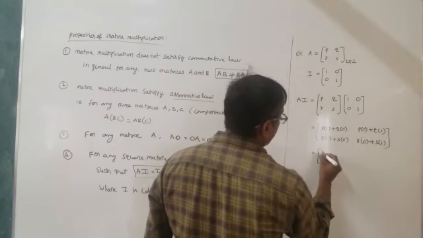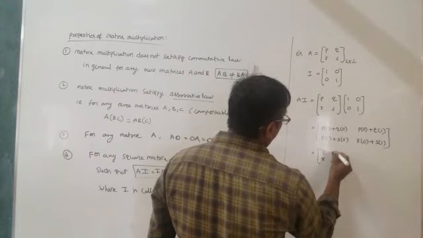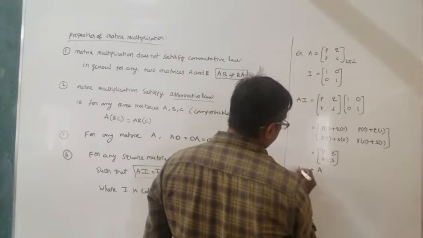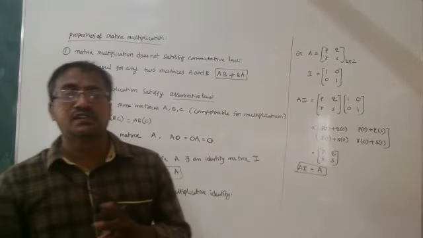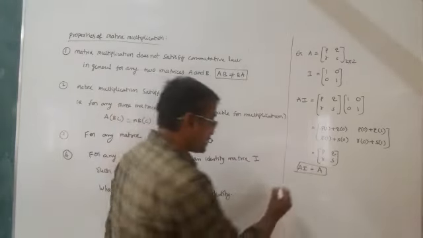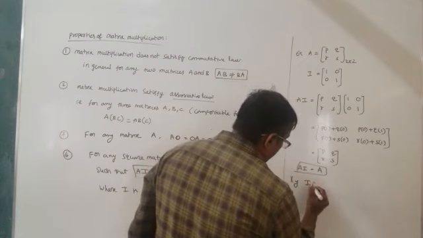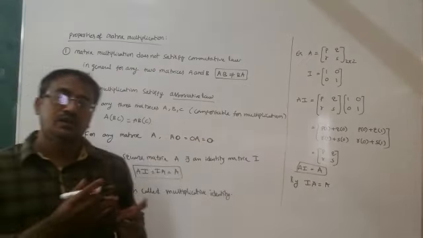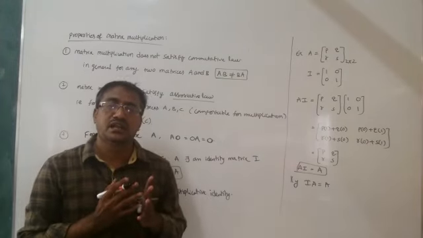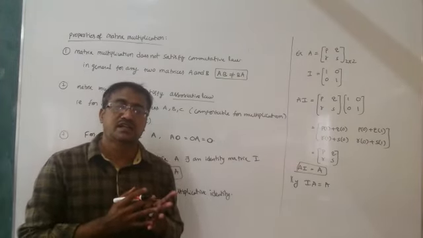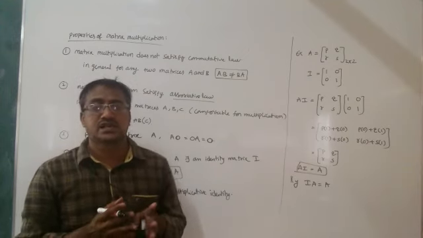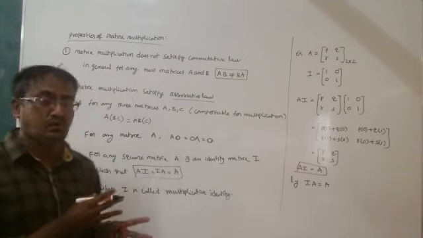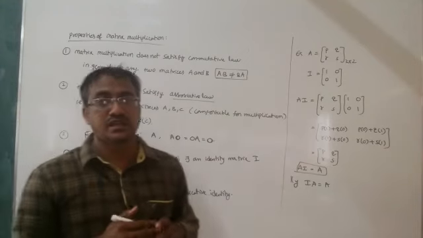So it will be P, Q, R, S. So you will get capital A. So AI is equal to capital A. Similarly, you can find that IA is equal to A. It is possible for only the identity matrix. So for any square matrix, there exists an identity matrix I such that AI is equal to IA is equal to A.